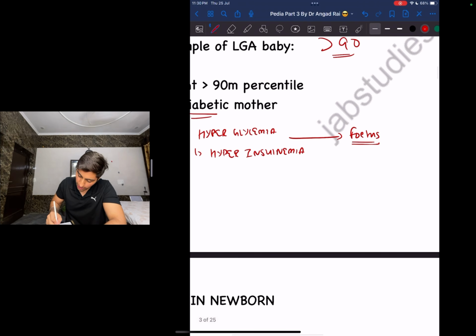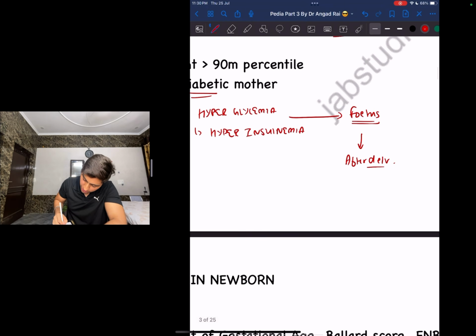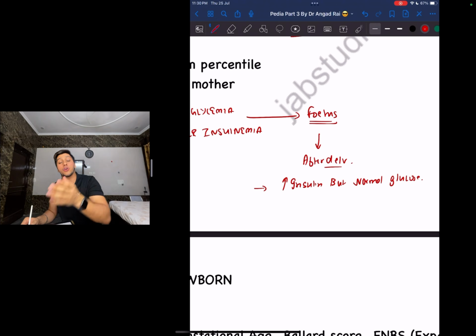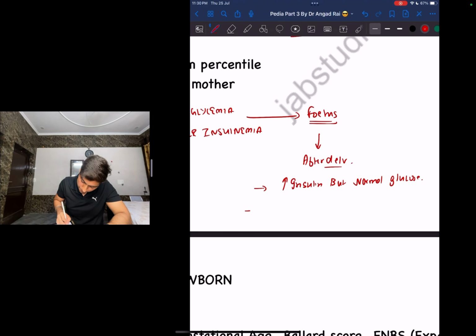So now what happens is, after delivery, the baby will have very high insulin but low glucose. But just imagine if it has normal glucose. Now this normal glucose is also pushed inside the cell because of very high insulin. That is why the baby will suffer from hypoglycemia after delivery. Okay, I hope this concept is clear.